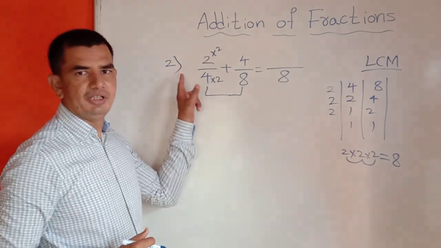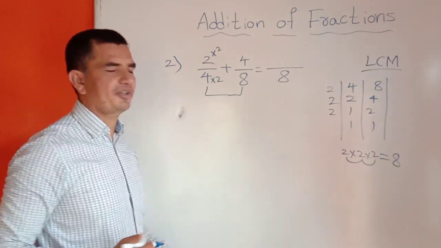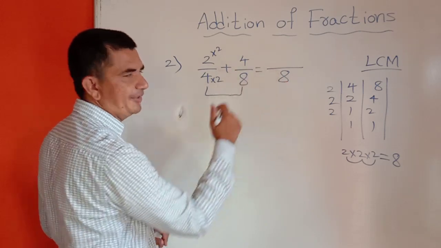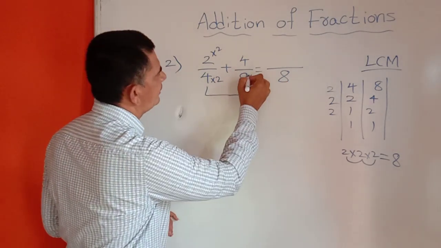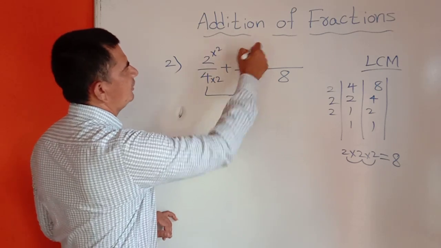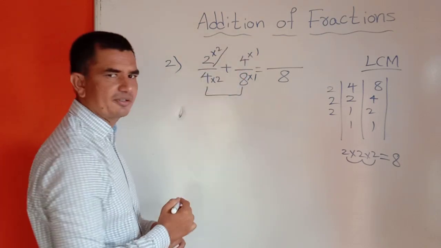This is important. 4 how much is 8? 4 2s are 8. With the same number we have to multiply with numerator. Friends, now next this one. 8 how much is 8? 8 1s are 8. Now with the same number we have to multiply with numerator 1.